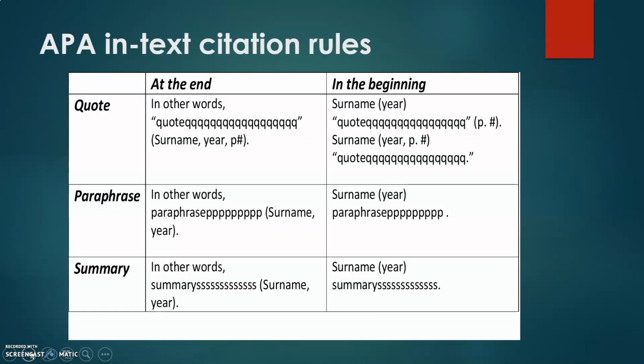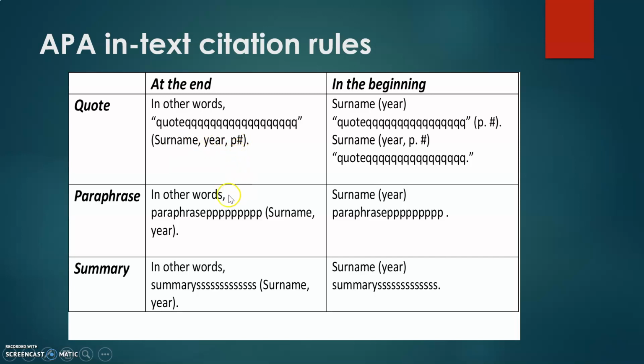In your in-text citations, you will give the citations in two ways. If you like, you can give the citation information at the end. With quotes, as I said, giving the page number is a requirement, if there is a page number, of course. And this is how you give the information in parentheses. You give the writer's surname first, then the year, then the page number.